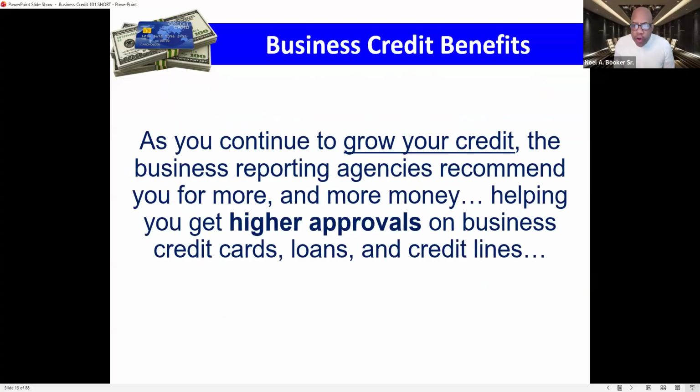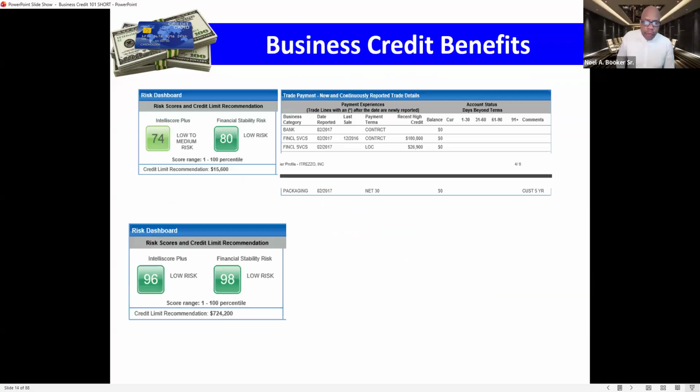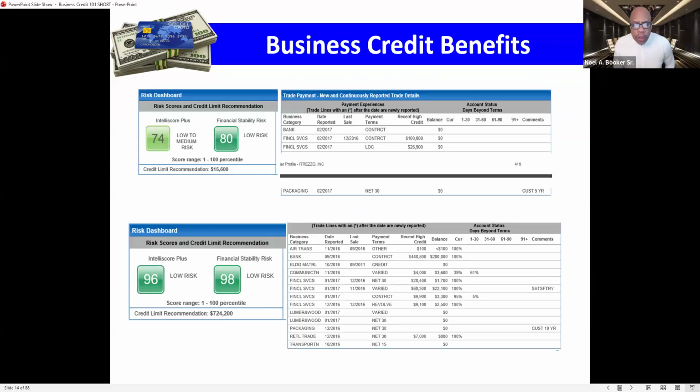As you continue to grow your credit, the business reporting agencies recommend you for more and more money, helping you get higher approvals on business credit cards, loans, and credit lines. Okay. So, this screen here is showing you that this person, the top portion, shows that they got three trade lines and their score is a 74, right?